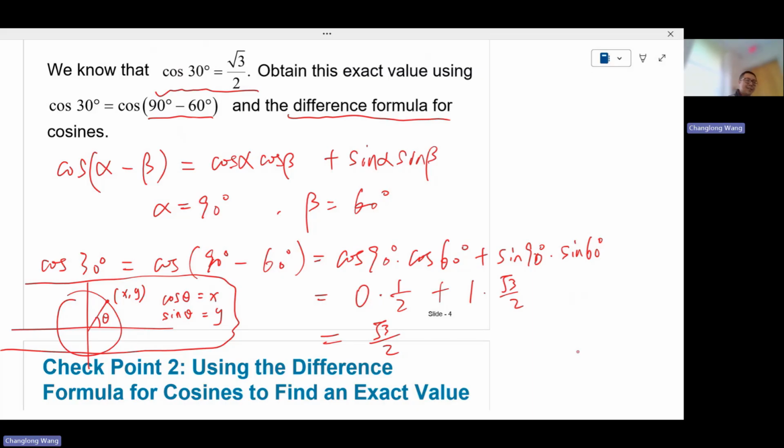Now again, if it's in a test, please make sure you know what you're supposed to get. You can always type it into the calculator and know what you have to arrive at. And if you do want additional points for FRQ, figure out what formula you have to use. Show me. Don't pretend that I know that formula. Write it down. You get a point for the formula, and show me the substitution.